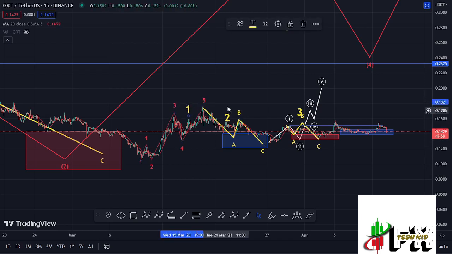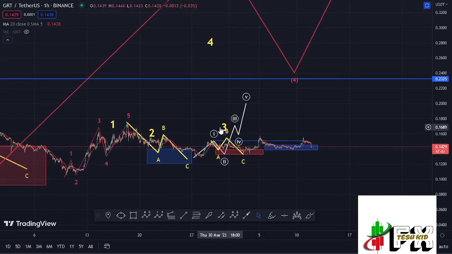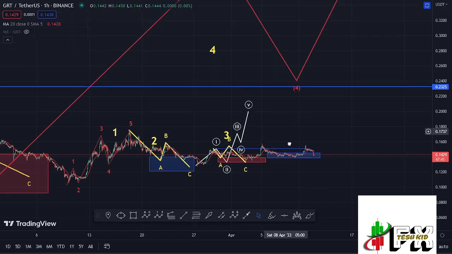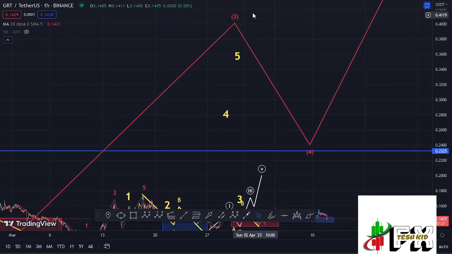Then we started a corrective structure in the formation of this wave 2 in a move that has now bottomed out within this blue target area down here. And now my primary scenario here on the short-term scenarios is that whatever we are seeing is the formation of this wave 3 before we can expect that wave 4 and then the wave 5 to give us the high for that higher Elliott wave count 3 to the upper side.